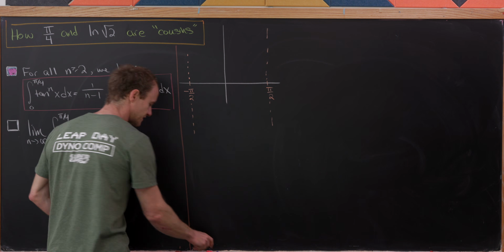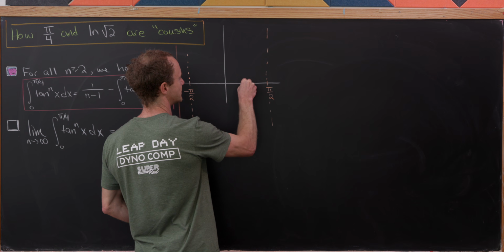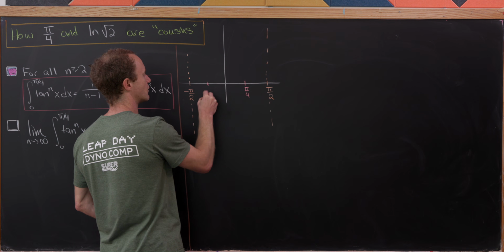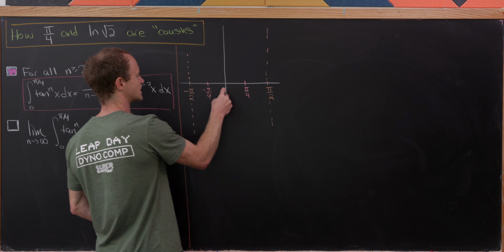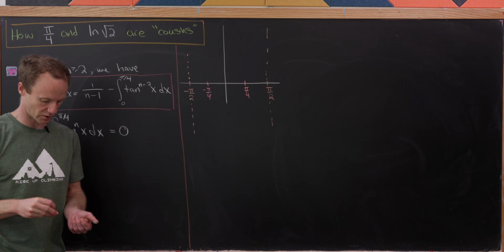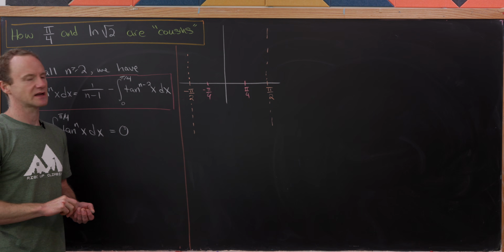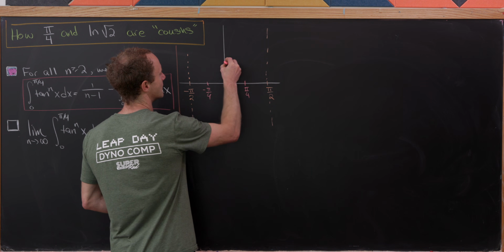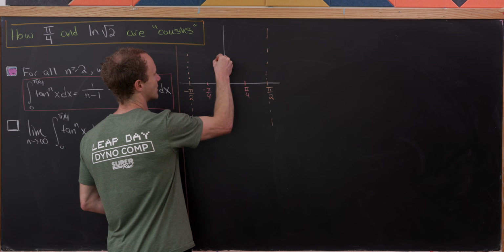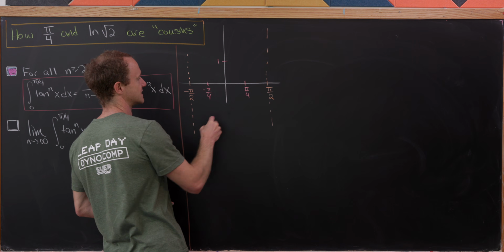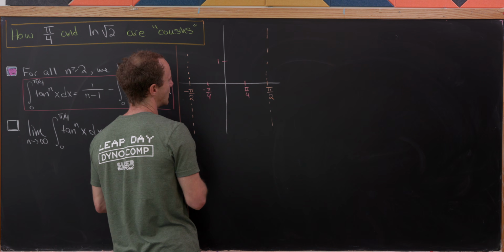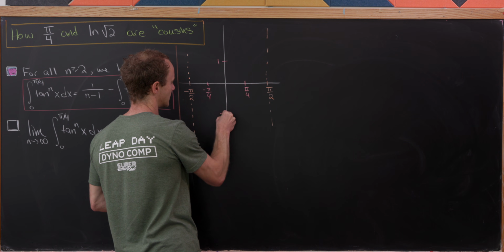Okay, then let's also put some other points on here. Let's put pi over 4 here, and then maybe over here we'll put minus pi over 4. We in fact don't need anything to the left of the origin, but I'm just writing that in for completeness. And then I'm going to put the number 1 here on the y-axis, and then I need to put the number -1 down here on the negative y-axis as well.